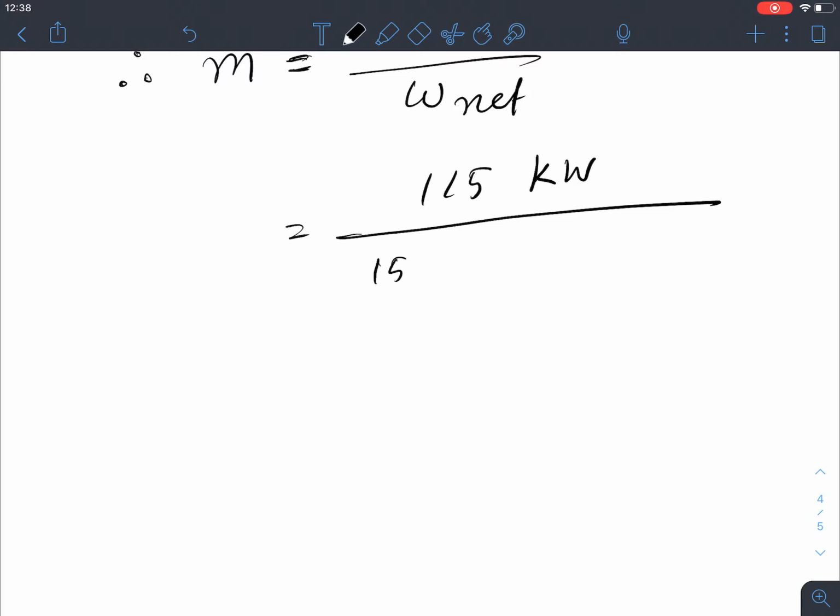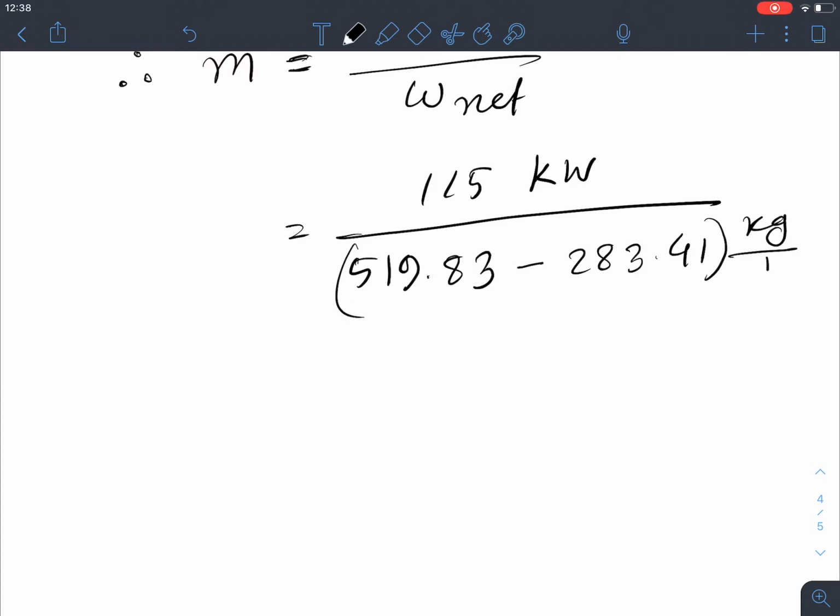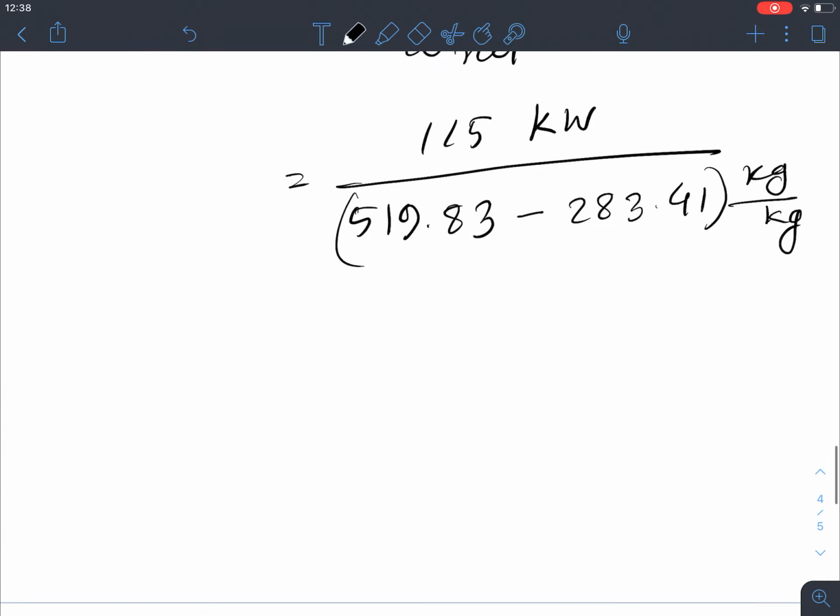So this one will be 519.83 minus 283.41 kilojoule per kg. I'm just writing it one more time.